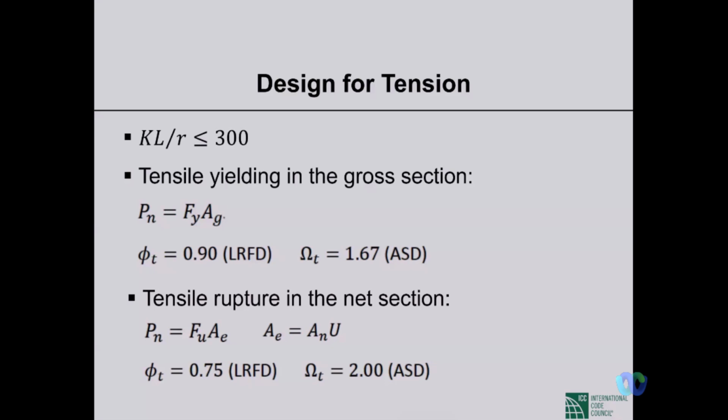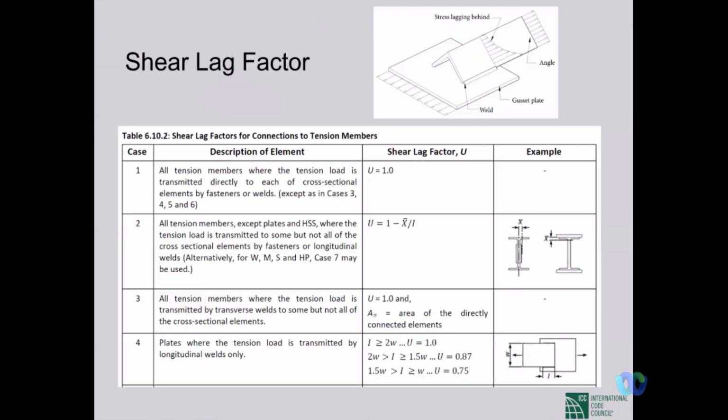Why do we need the shear lag factor? You see, for tensile members, for derivation of the formulas we use Navier's hypothesis, that is, all the tensile stresses are uniformly distributed over the entire cross section. So that is the assumption. But for example, in the case shown above in the top, you see there is a picture of an angle welded on a plate.